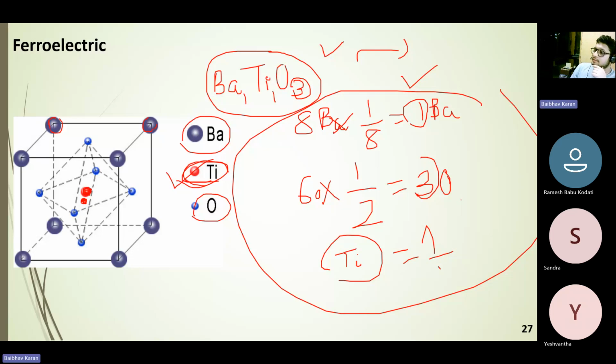So of course, as you said, is it tetragonal? The material shows a tetragonal type of symmetry, but we cannot say that it is a tetragonal unit cell because in a unit cell, all the atoms should be exactly the same. What is a tetragonal unit cell? There is a relationship between alpha, beta, gamma, and there is a relationship between a, b, c.